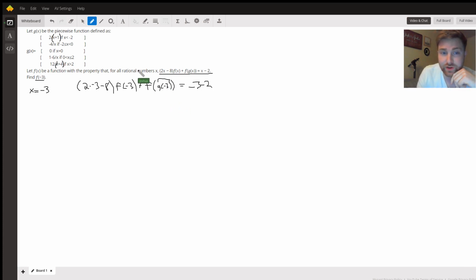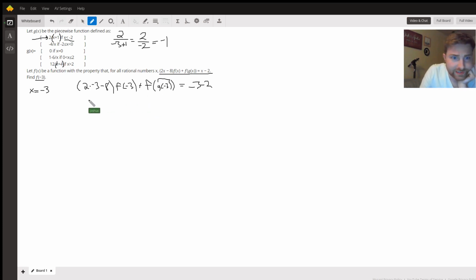So g of negative 3, we could actually figure that number out. Notice negative 3 is less than negative 2, so we're going to have to use this formula. It's going to be 2 divided by negative 3 plus 1. I just use that formula since the x was less than negative 2. So this is going to be 2 over negative 2, which is negative 1.